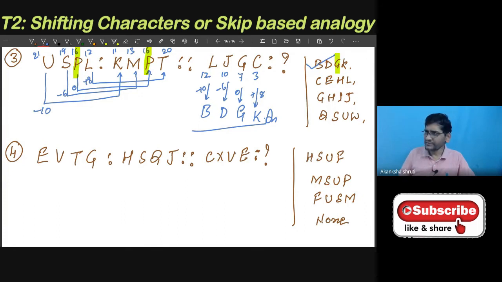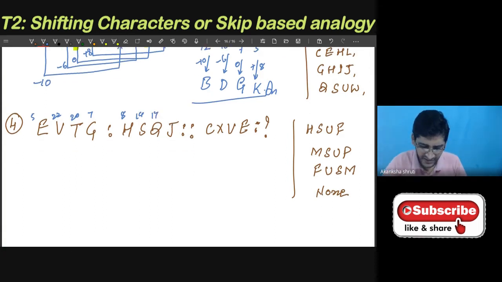If you have any doubt in beginning, you must put the number. E means 5, V means 22, T 20, G 7, H 8, S 19, Q 17, then J 10.